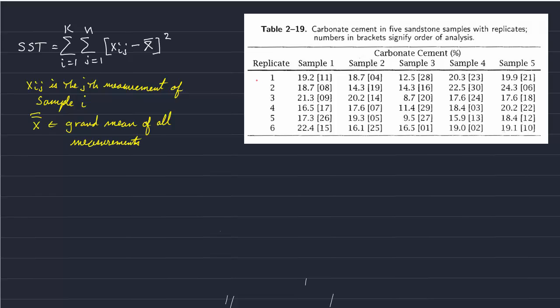So if we look at our table here, J represents the 1 through 6 replicate measurements of each sample, and I represents the 5 different samples.